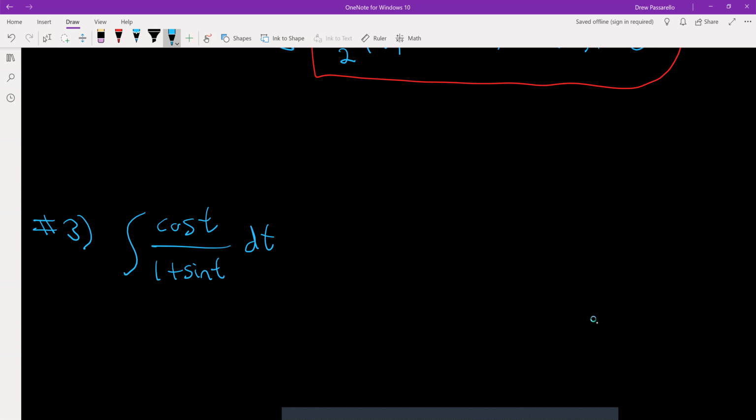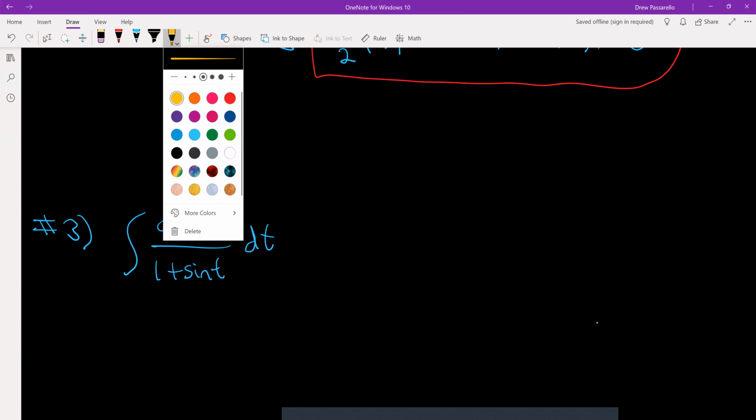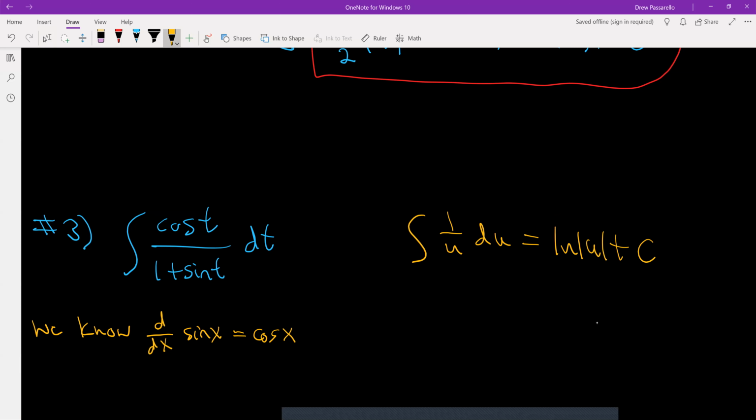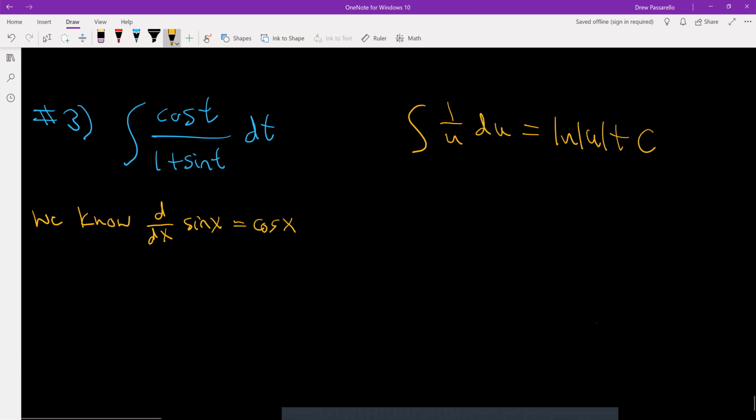Well, I know the derivative of sine is cosine. So if I let u be the entire thing in the denominator, I can use the integral of 1 over u du equals the natural log of the absolute value of u plus c, and hopefully the du part will involve cosine.